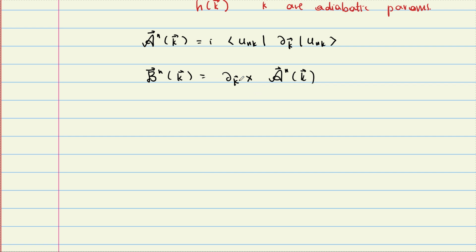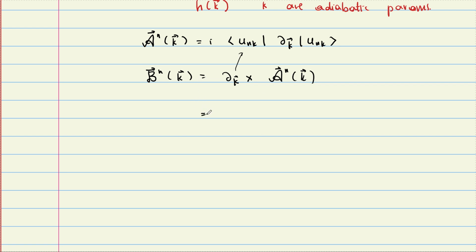So by acting this derivative to here, this is like a cross product which is anti-symmetric, and the derivative can act on here or there. But from the cross product there will be epsilon ijk. Epsilon ijk is anti-symmetric. The second derivative here is going to be symmetric, so they will cancel each other.